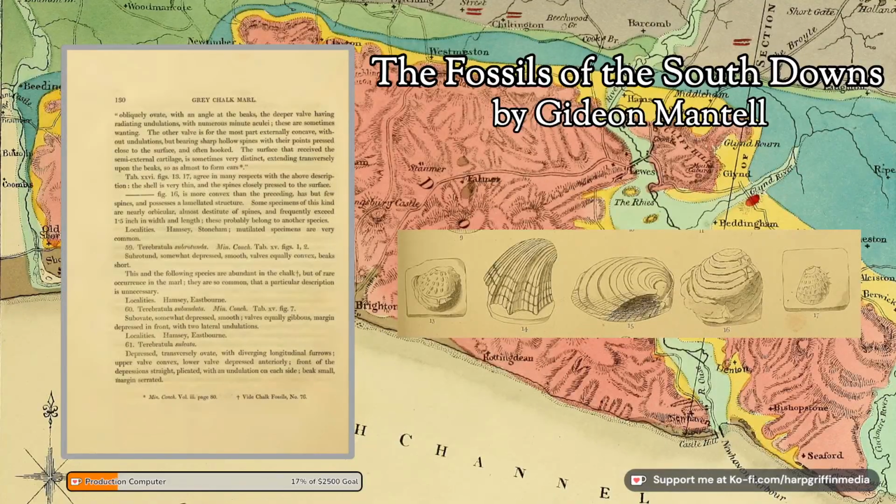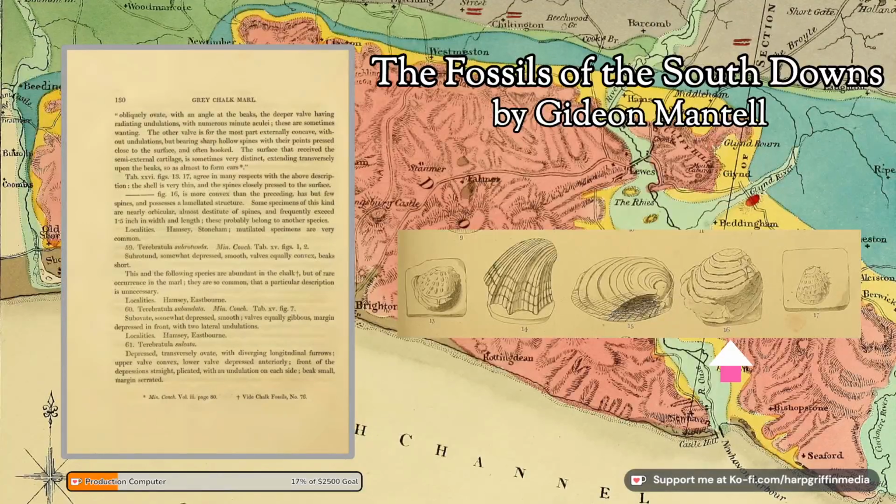Tablet 26, figures 13, 17, agree in many respects with the above description. The shell is very thin, and the spines closely pressed to the surface. Tablet 26, figure 16, is more convex than the preceding, has but few spines, and possesses a lamellated structure.